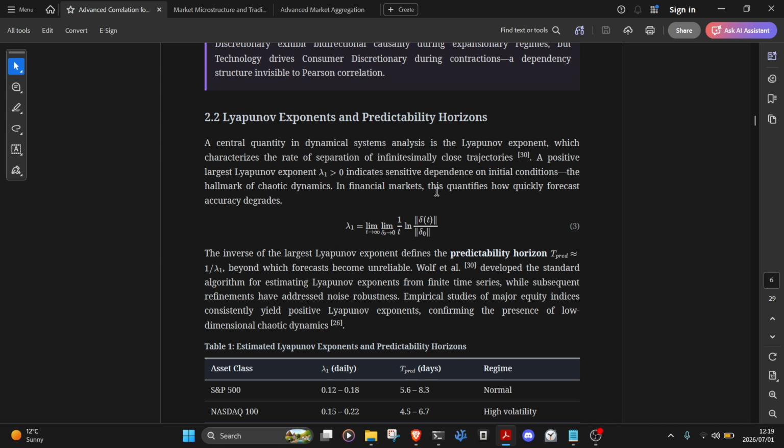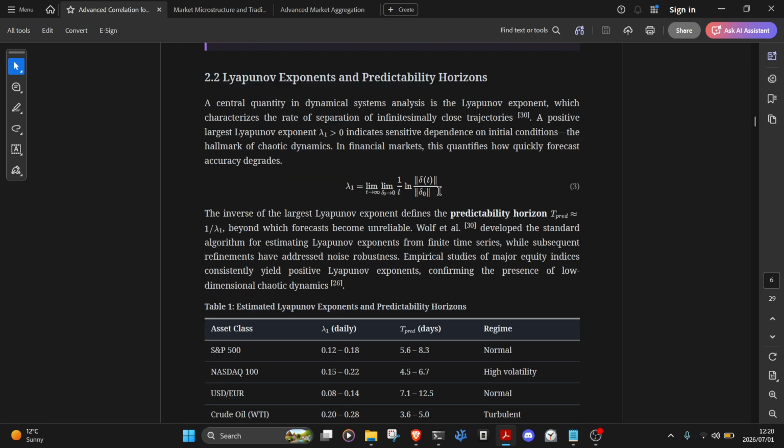1 over t times the log of, or if you want to be more specific, the natural log of the modulus of delta of t over the modulus of delta sub 0, where t tends to infinity and delta sub 0 tends to 0. The inverse of the largest Lyapunov exponent defines the predictability horizon, t sub pred is approximately equal to 1 over lambda sub 1, beyond which forecasts become unreliable.